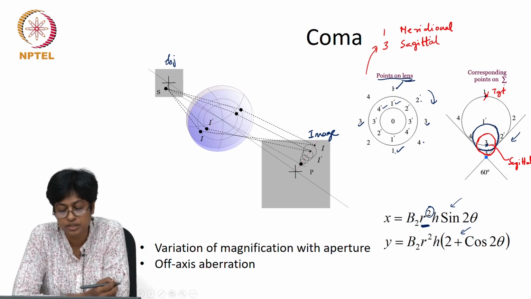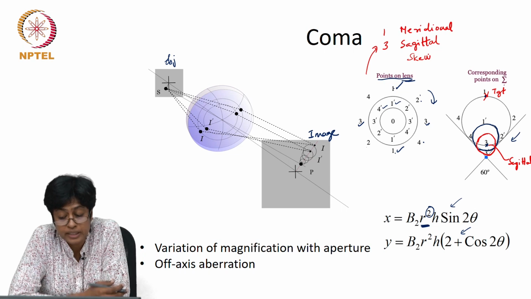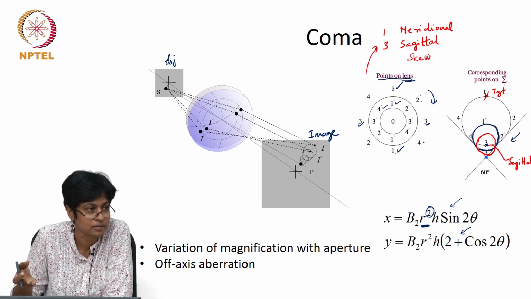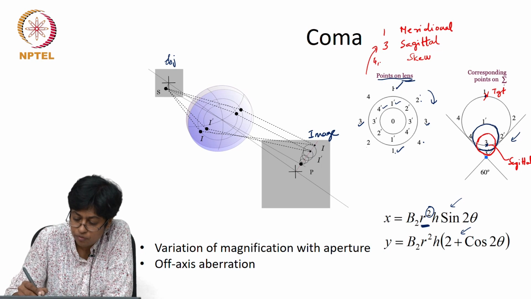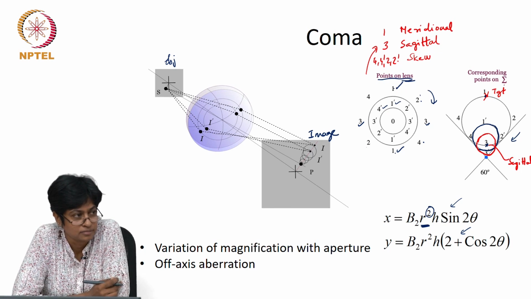Which are the skew rays of the system? Skew rays are the rays that do not traverse the optical axis. So which are the skew rays here? They are all skew rays except for the meridional rays, right? So rays 4, 4 dash, 2, 2 dash, these are all skew rays, right? Okay.